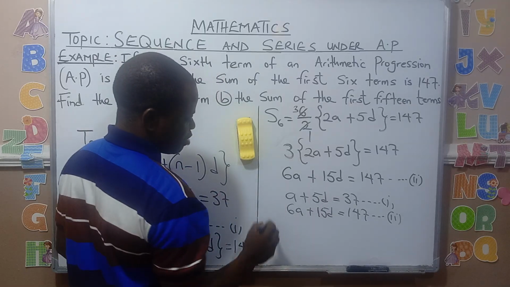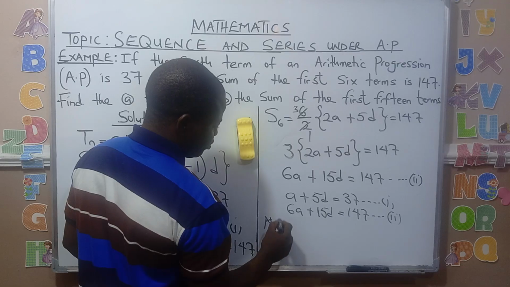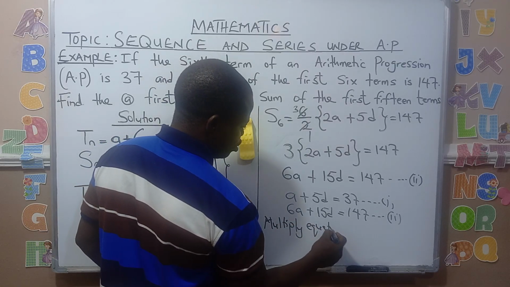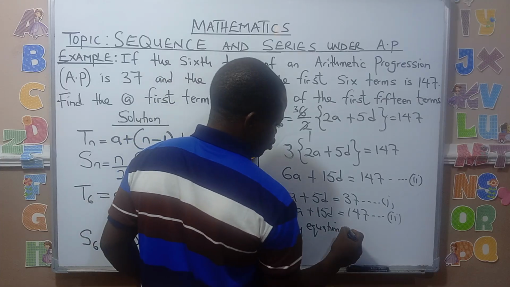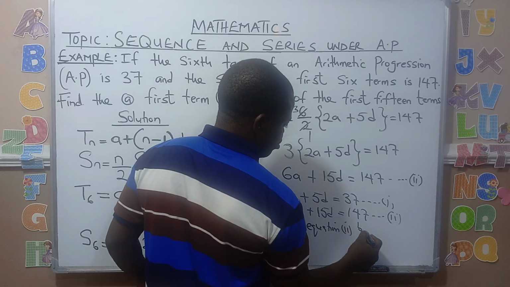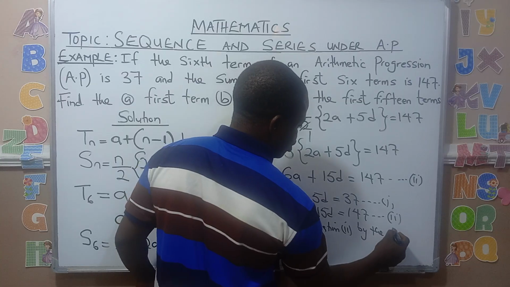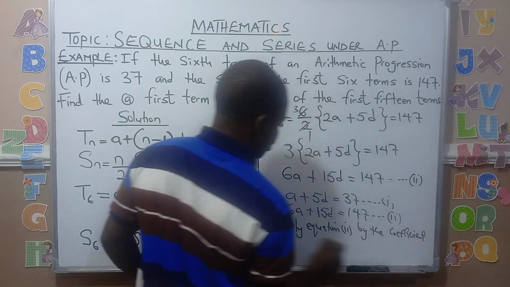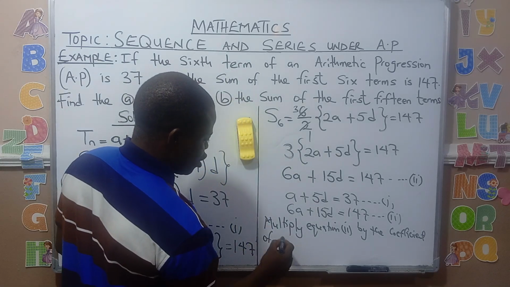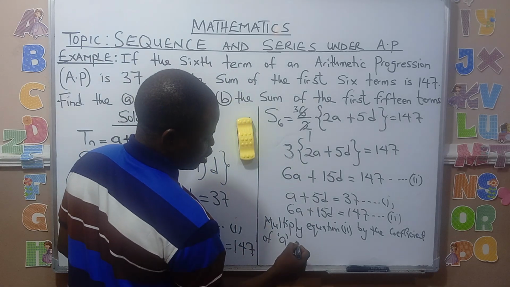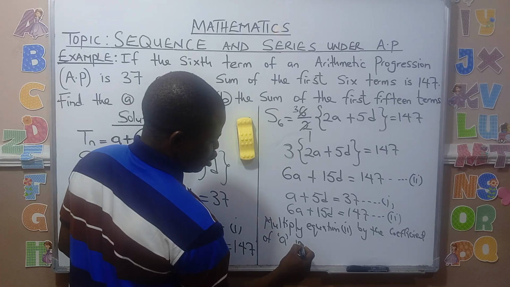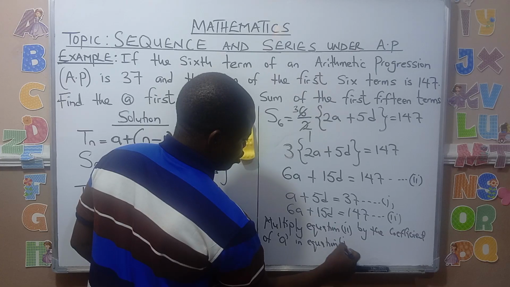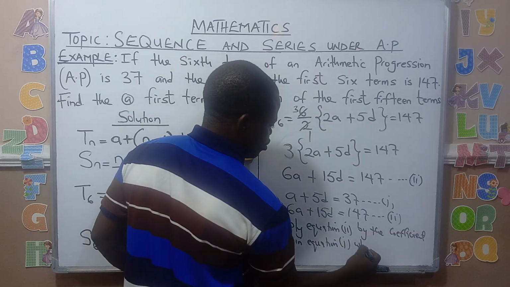Now let me write it as a statement. Multiply equation 2 by the coefficient of letter A in equation 1, which is 1.